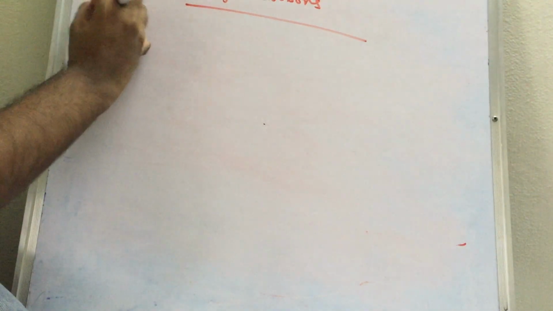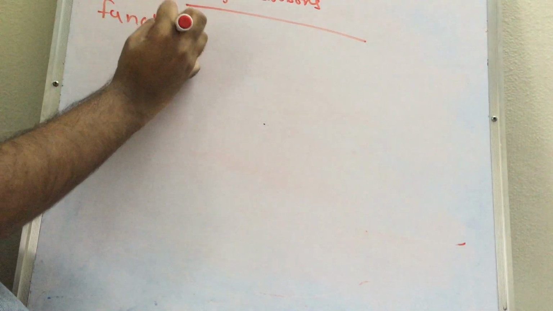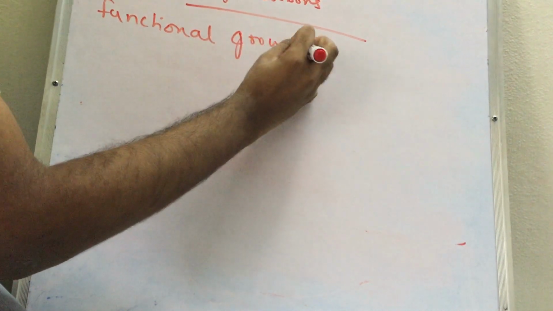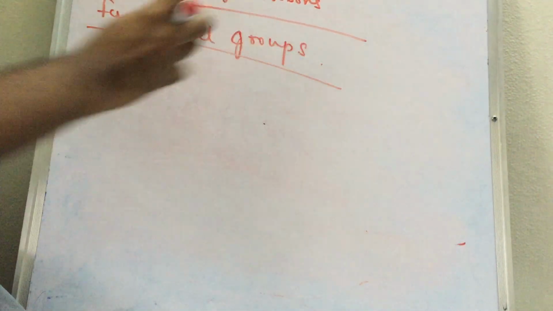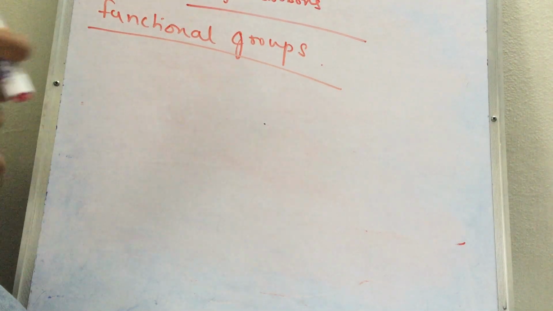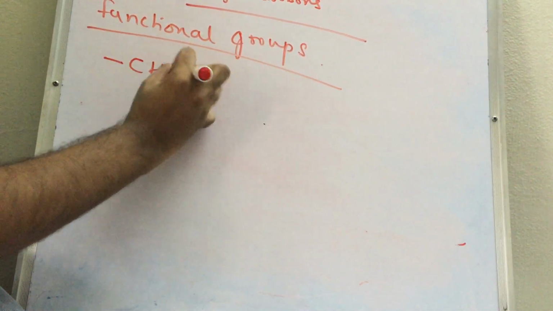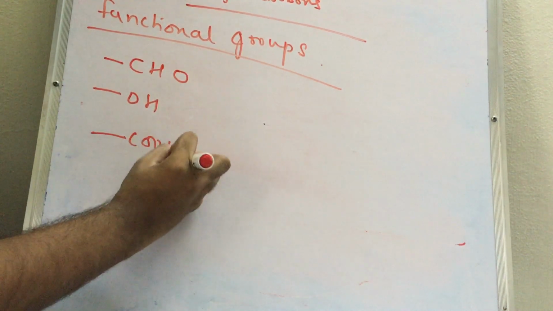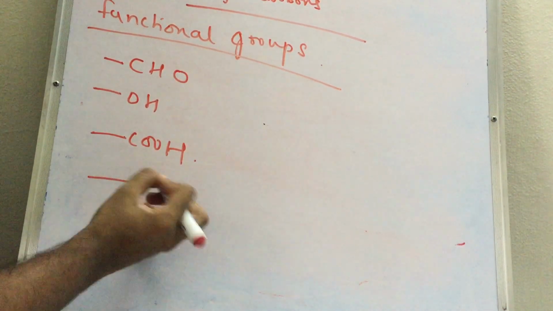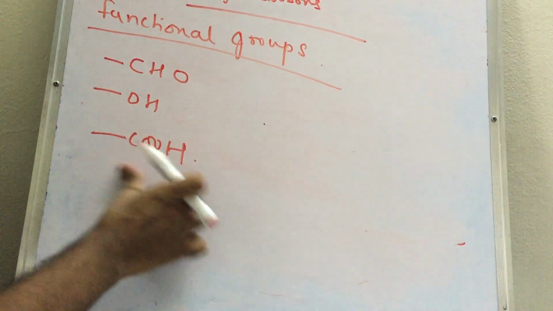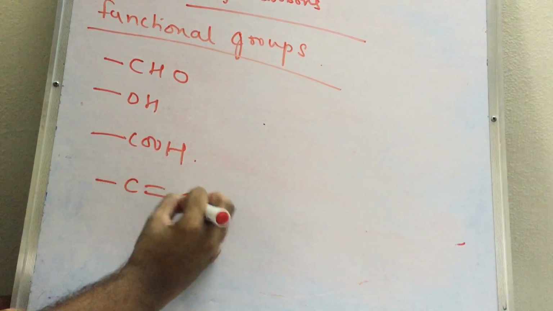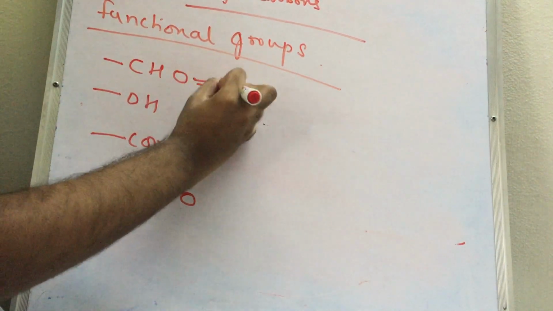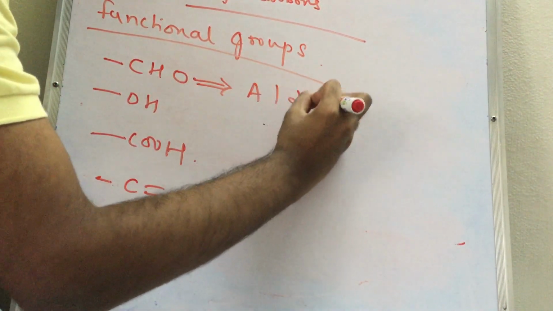So now the next topic is functional groups. You take the following as the basic functional groups. CHO is known as aldehyde.